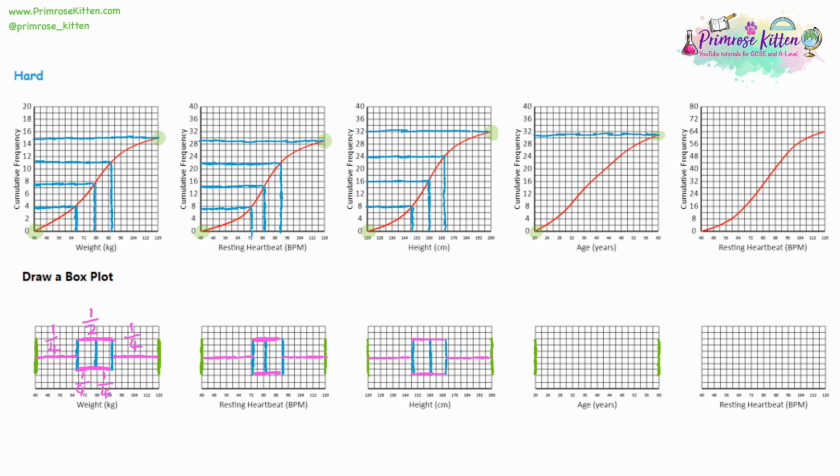So the median will be halfway through, so 31 divided by 2 is 15.5. Draw a line across, draw it down, and it looks like we're going through 38 years. So the average person in this set of data will be 38 years old. The youngest possible is 20 years old, and the oldest possible is 60 years old.